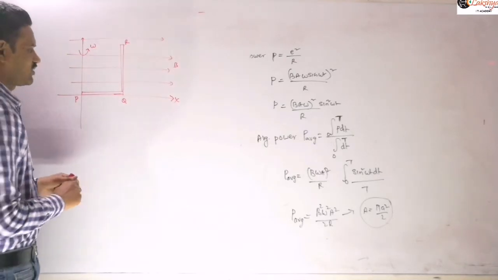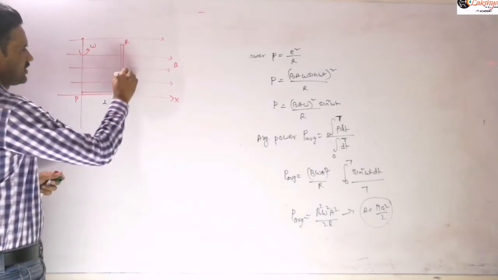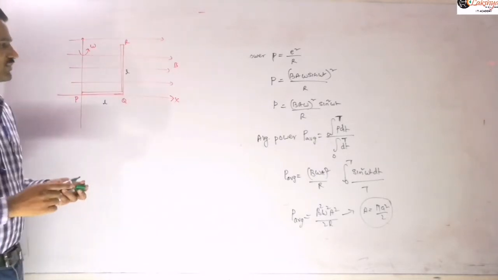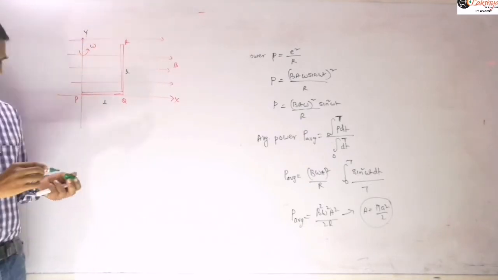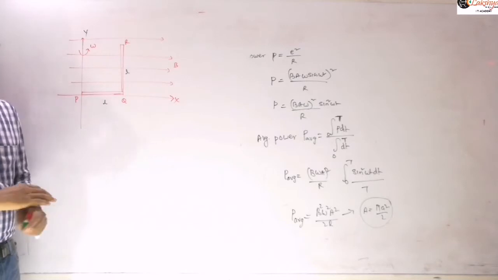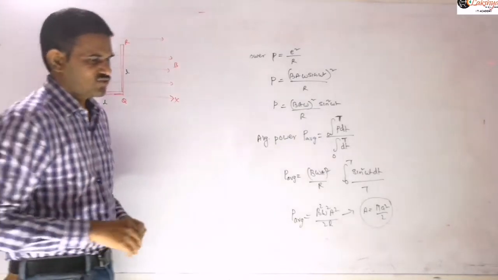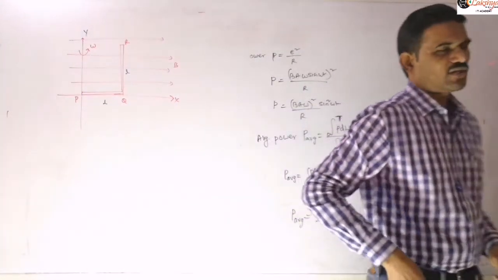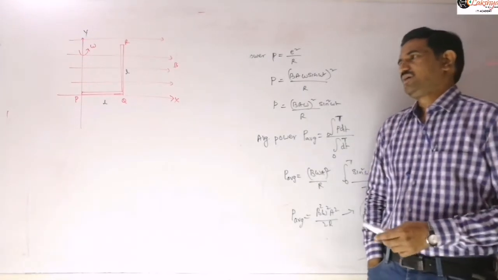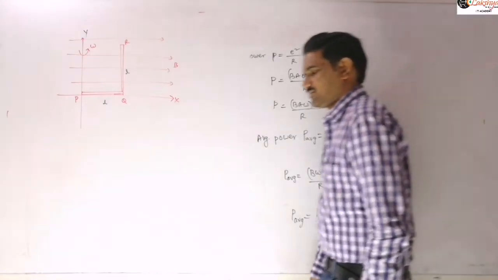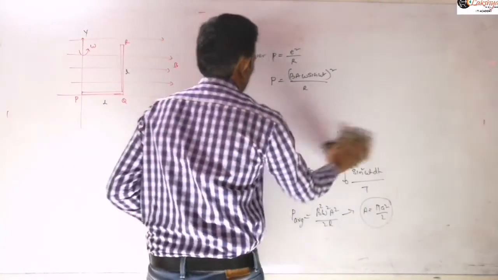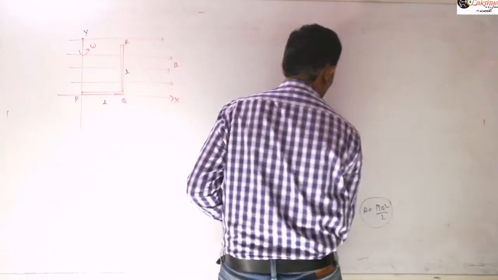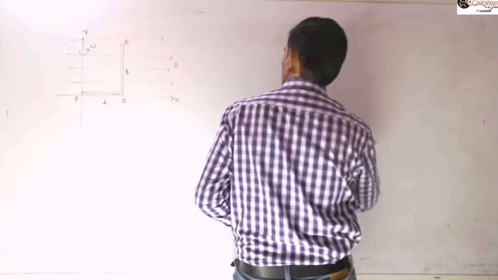An L-shaped rod, this length is L and this length is also L, is rotating about the y-axis with constant angular velocity omega in a uniform magnetic field directed along the x-axis.